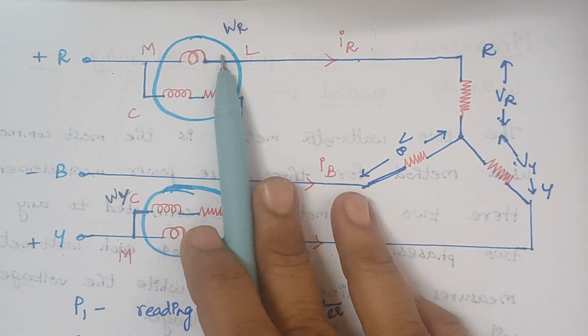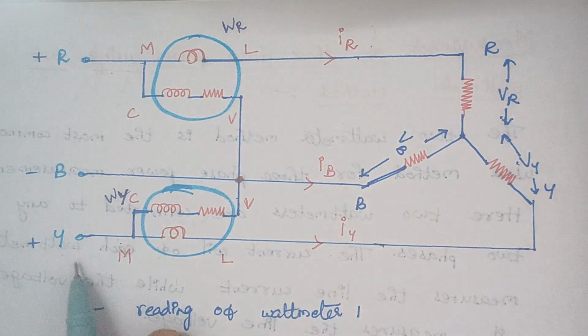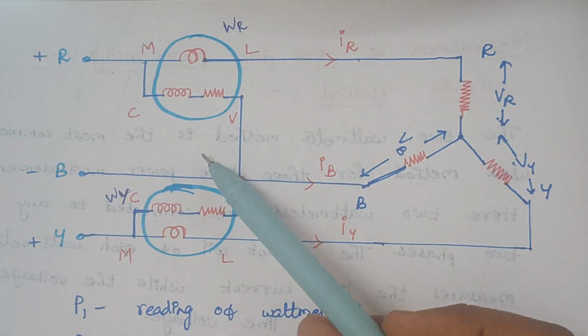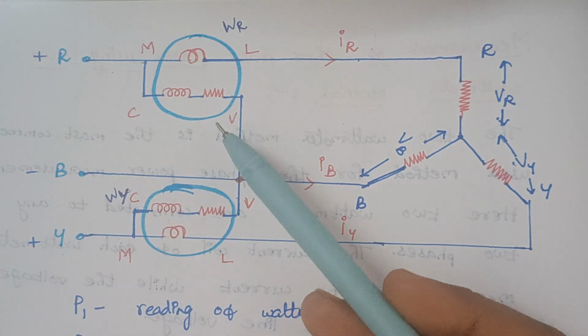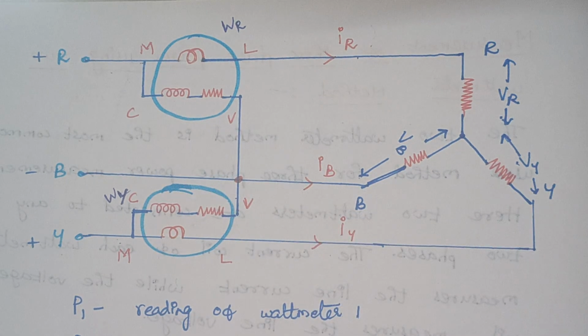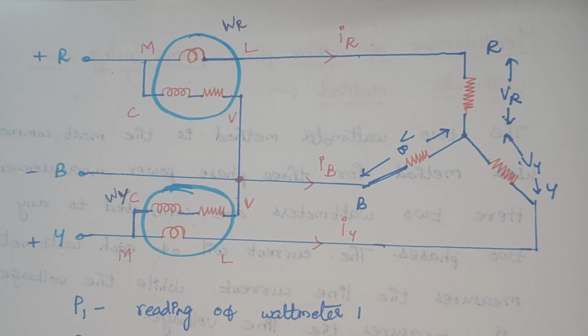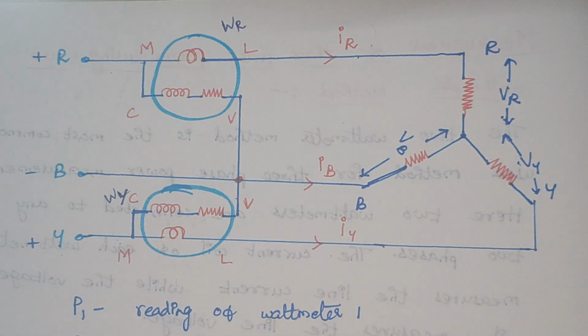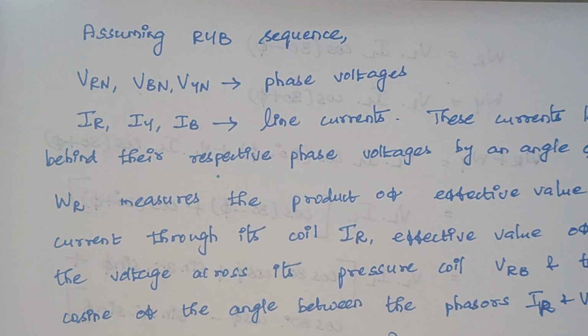Therefore WR measures IR, and WY measures IY. What about the voltage measured by these wattmeters? The voltage measured is VRB and the current is IR. Similarly, for the other wattmeter the current is IY and the voltage measured is VYB.